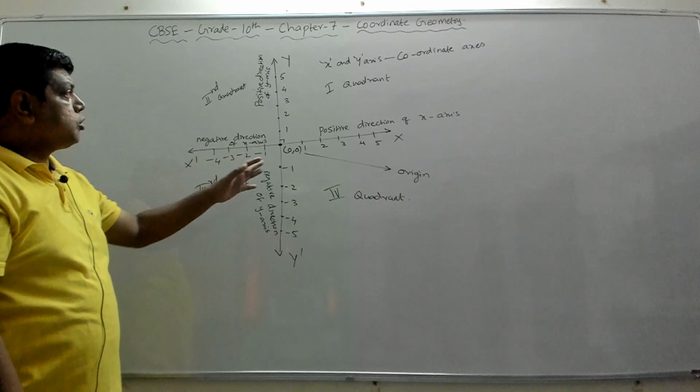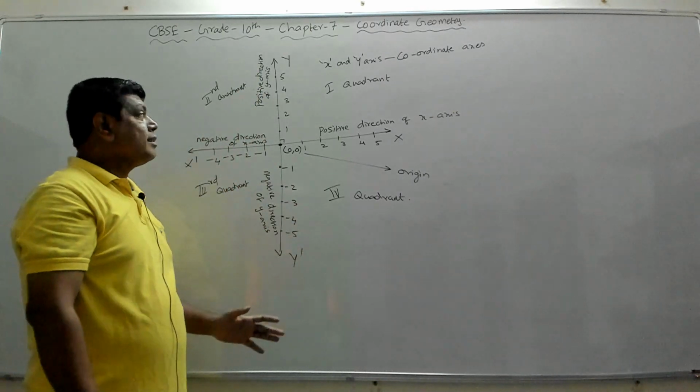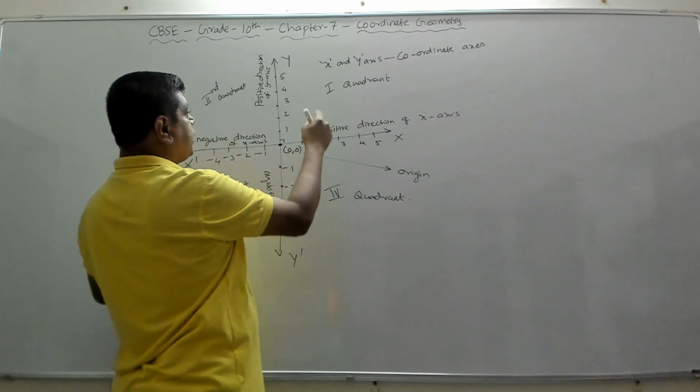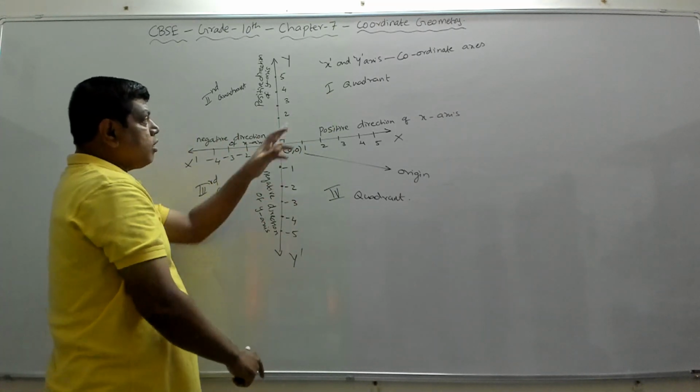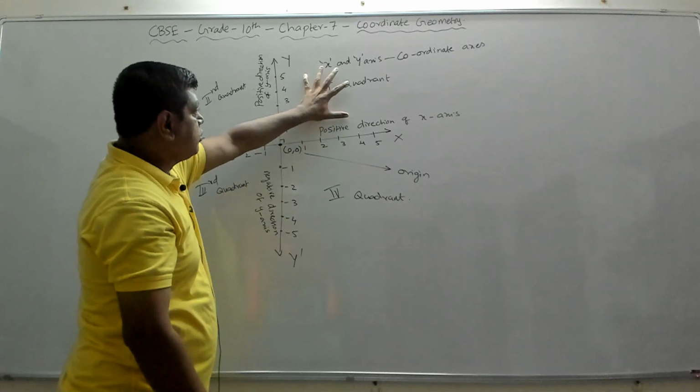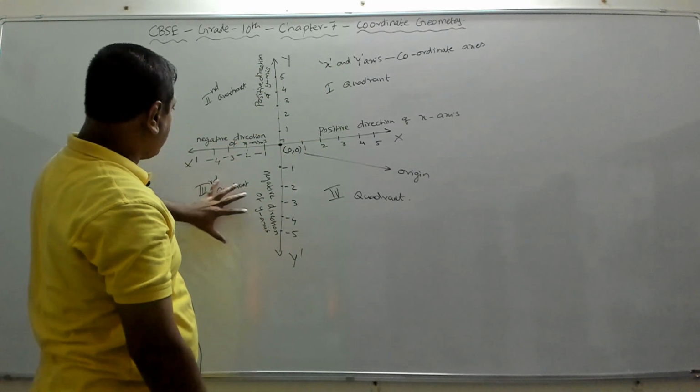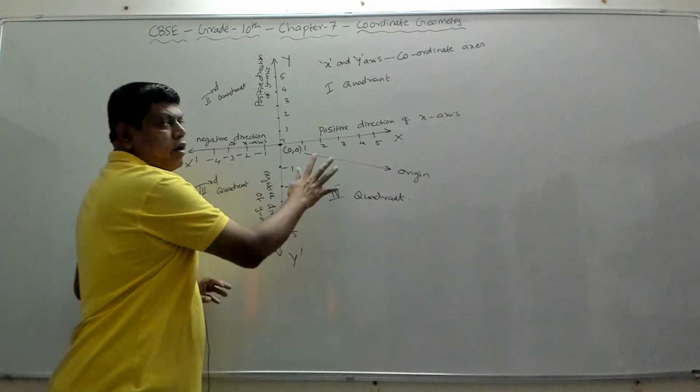So these two lines are the coordinate axes. They divide the entire plane into 4 parts, and each part is called a quadrant, and there are 4 quadrants. This is your first quadrant, then the second quadrant is this region, this is your third quadrant, and this is your fourth quadrant.